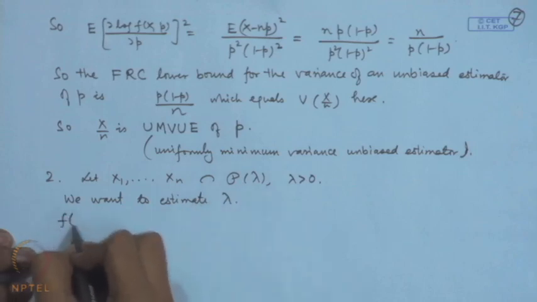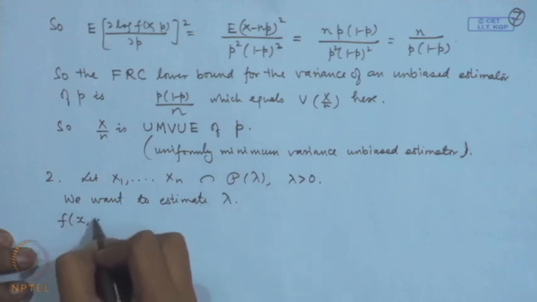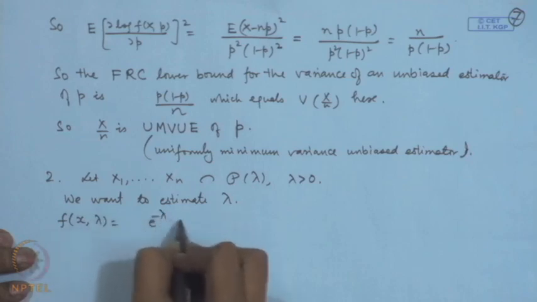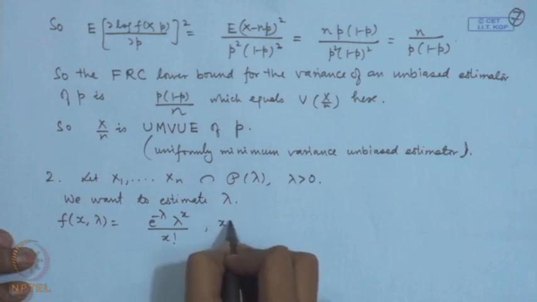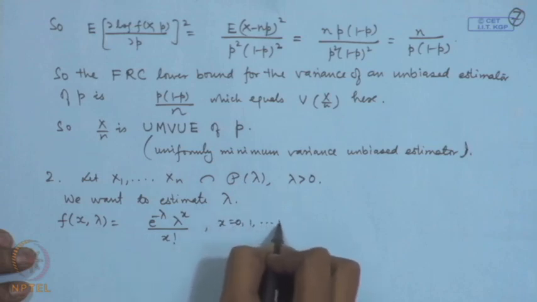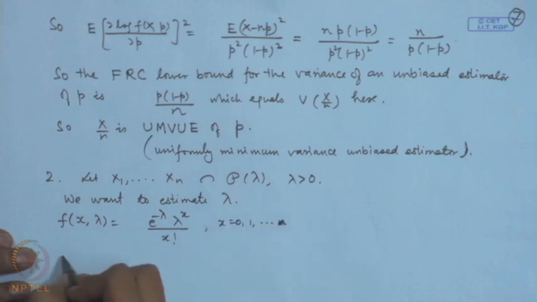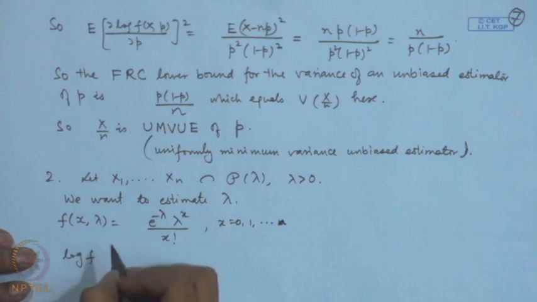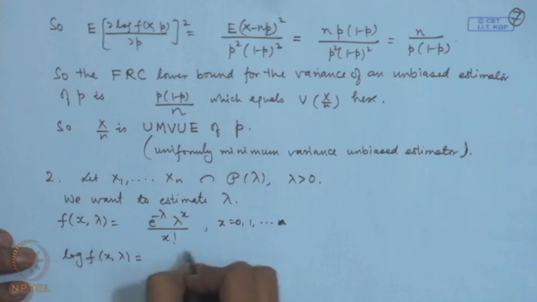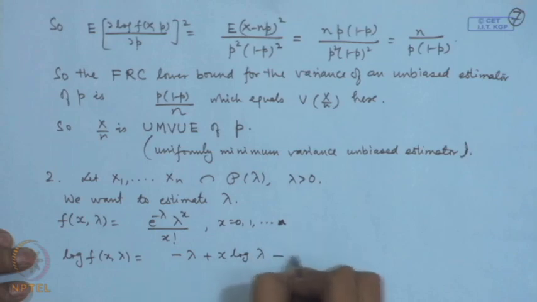Now, let us consider the density function e to the power minus lambda, lambda to the power x by x factorial. Log of f is equal to minus lambda plus x log of lambda minus log of x factorial.